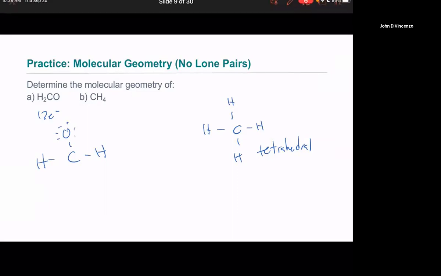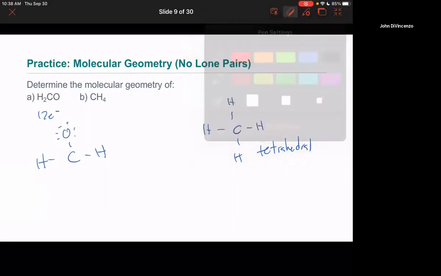Let's erase one of those. And then we'll be good. Actually, we've done this one before. So what's the shape? Trigonal planar. Even though it's not drawn as trigonal planar, this is a correct Lewis structure, right?